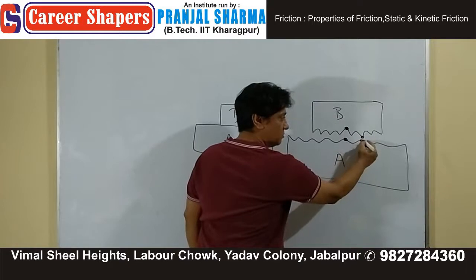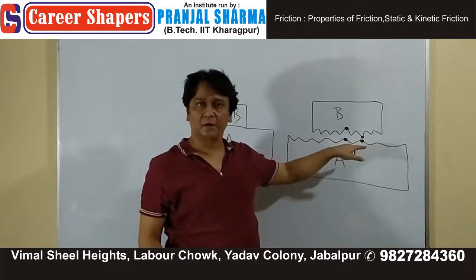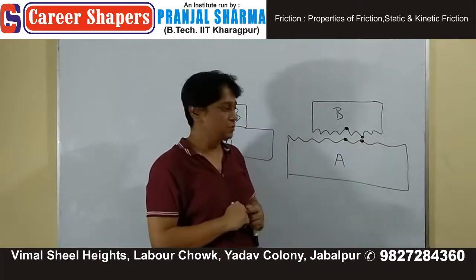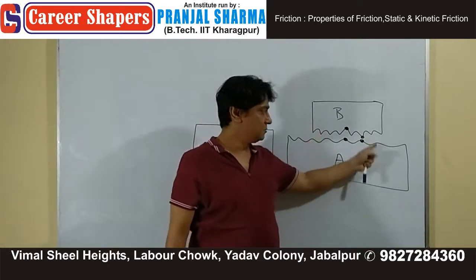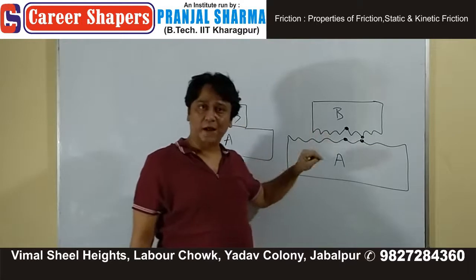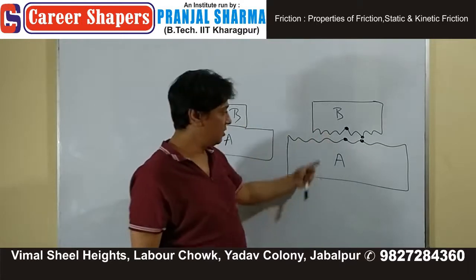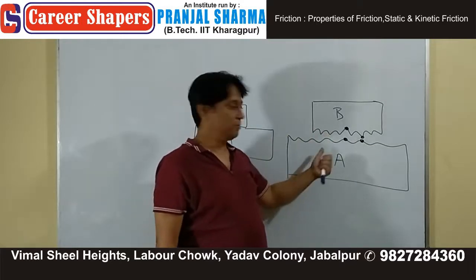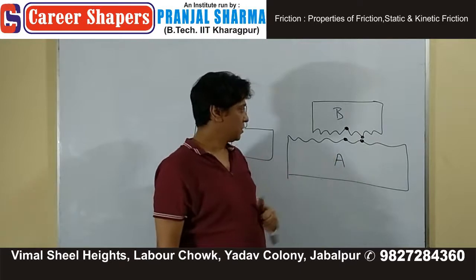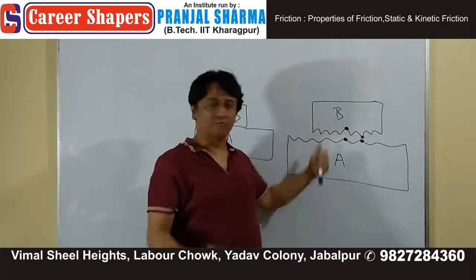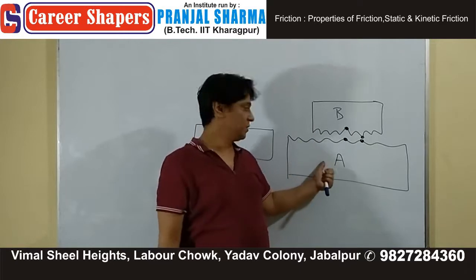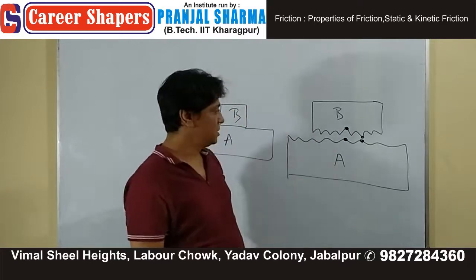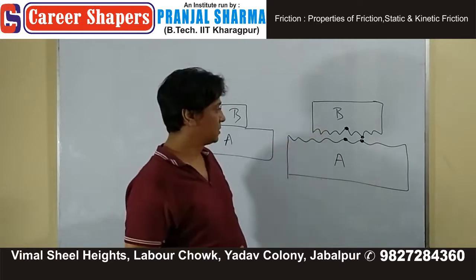These two, they are in close contact, there will be a stronger force. But not every atom of B is in contact with the adjacent atom of block A. This is a normal situation.